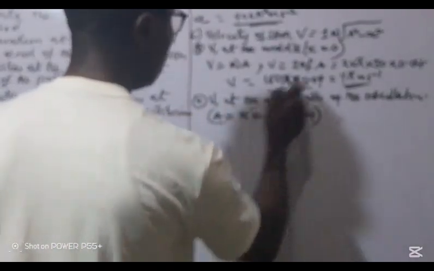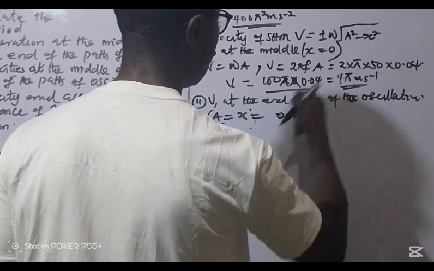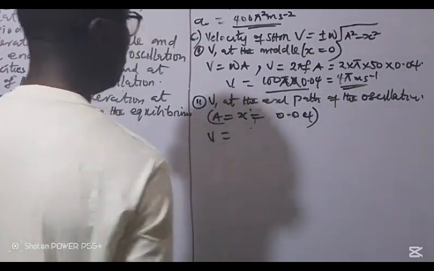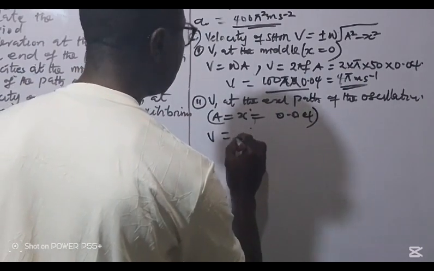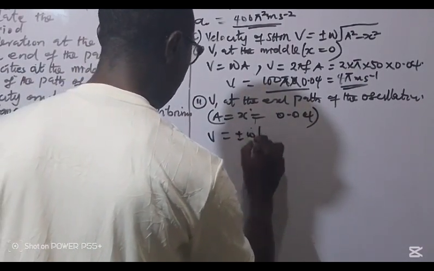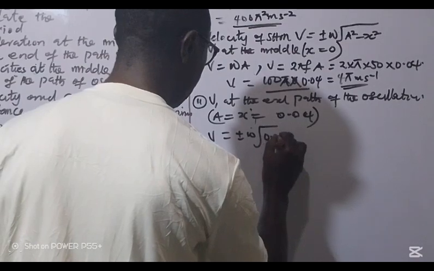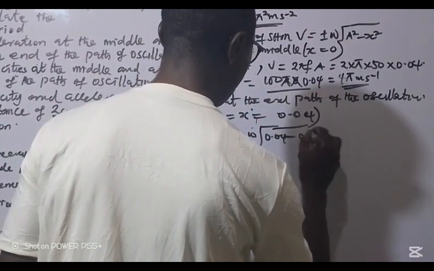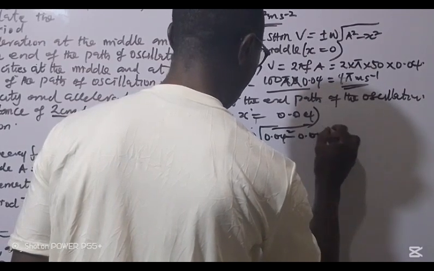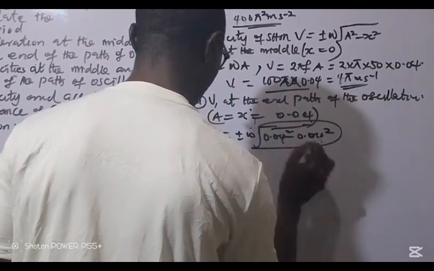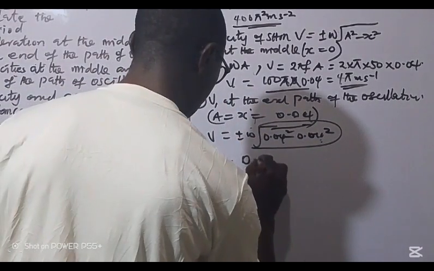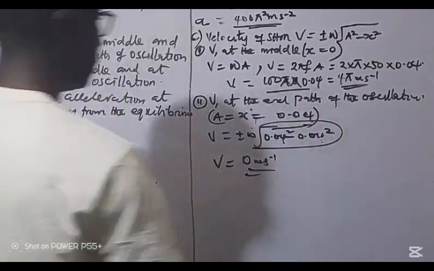So 0.04 minus 0.04 will be 0. So v at the end part will be equal to plus or minus omega square root of 0.04 minus 0.04, all into square. The whole of this one will give us 0. So the value for v at the extreme point will be equal to 0 meter per second.